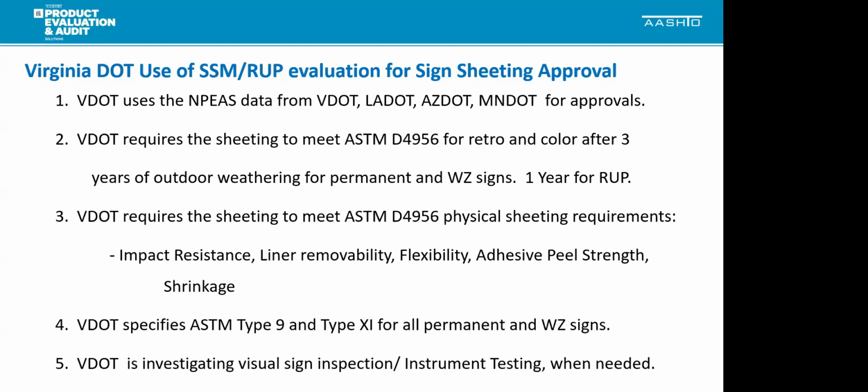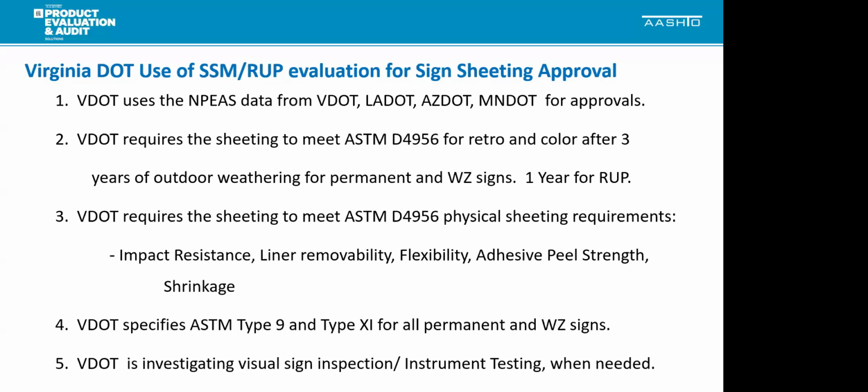For Virginia, we require the sheeting to meet the D4956 specs for retro and color after 3 years, and we look at the 1 year data for the roll-up signs. We also require that the sheeting meet the physical requirements that Jason talked about.